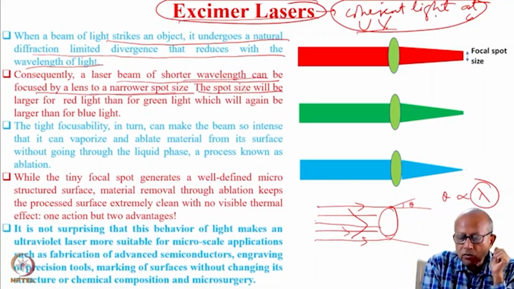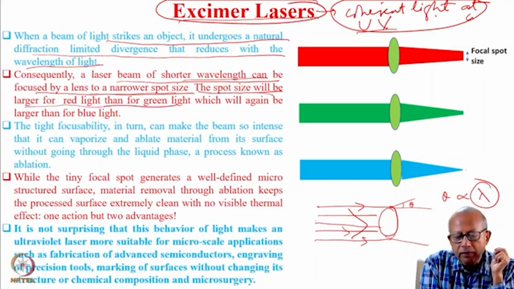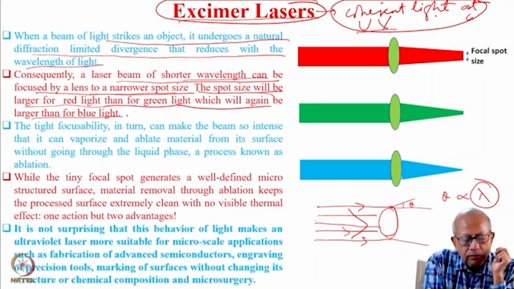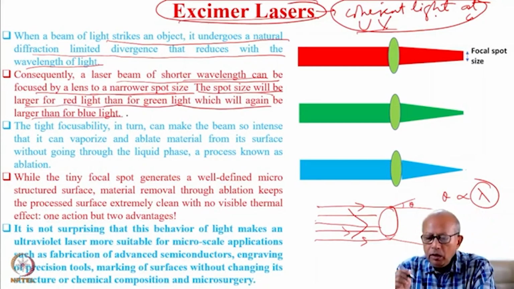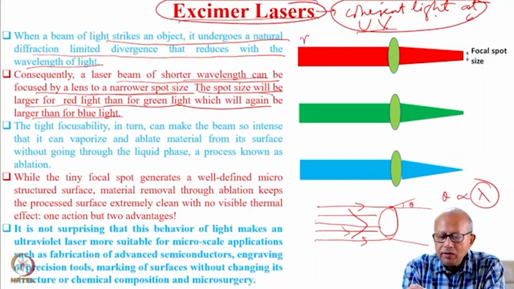The spot size will thus be larger for red light than for green light, which will again be larger than for blue light. So we have chosen three examples: red light, green light, and blue light.